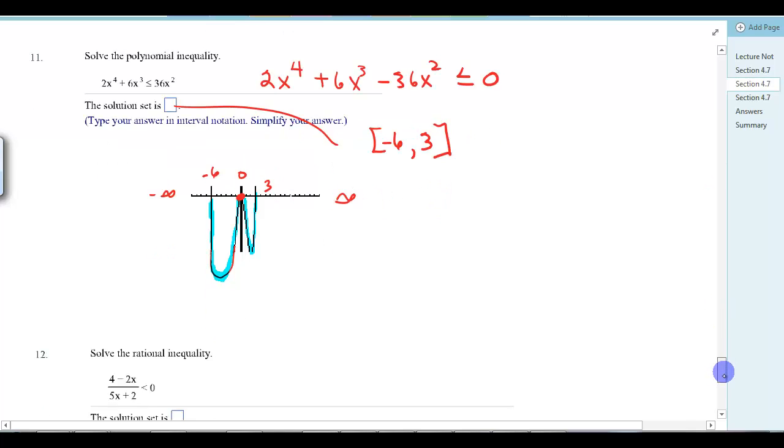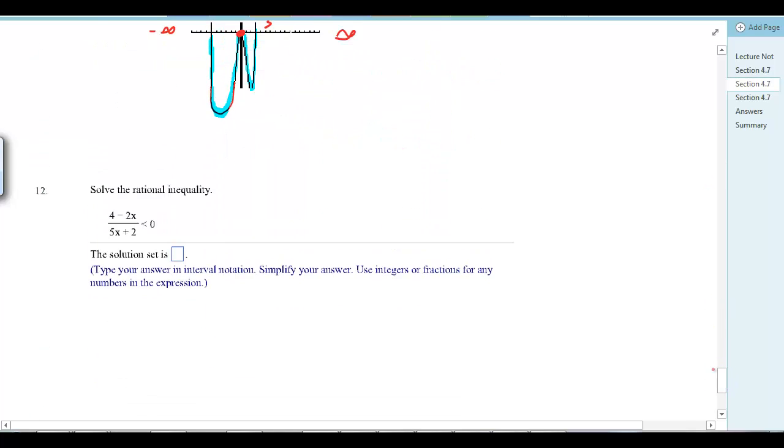All right. Number 12, solve the rational inequality. Remember, the first thing we have to do is solve the top.